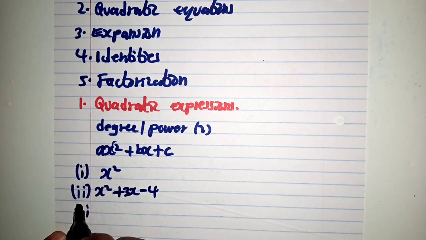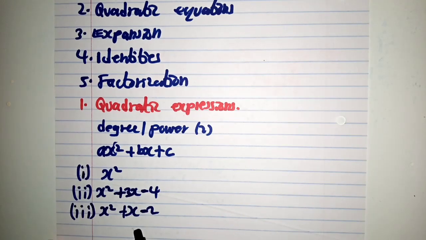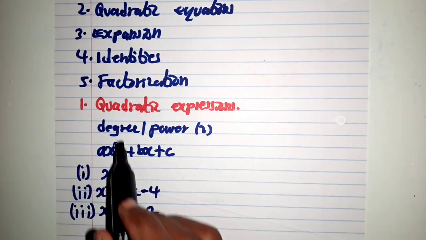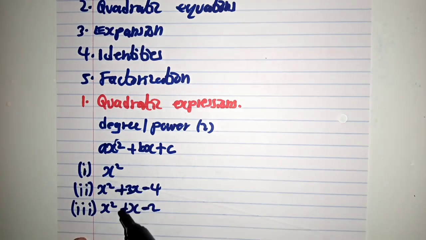Another one could be, let's say, x squared plus x minus 2. So all these are examples of quadratic expressions. Expressions can always be simplified or factored.